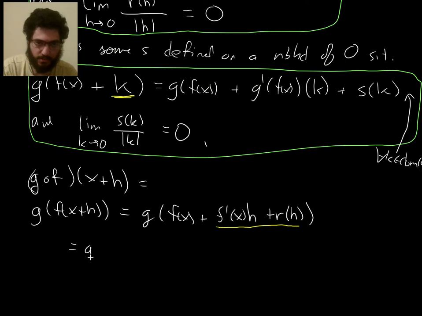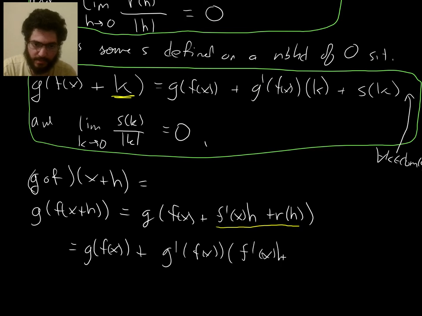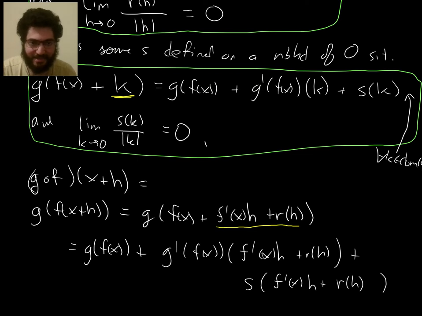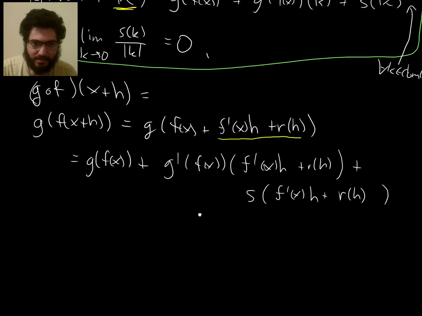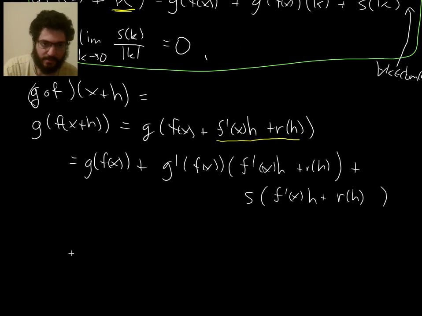So this would be g of f of x plus g prime f x of k, which is this underlined yellow thing, f prime x applied to h plus r of h, plus s of k, and this is the mistake I made last time. It should be s of this yellow thing. For some reason, I just didn't do it that way. All right. So then we almost are where we need to be.